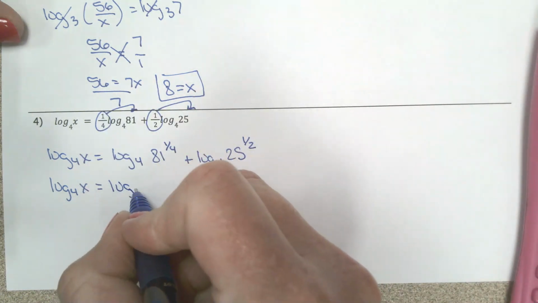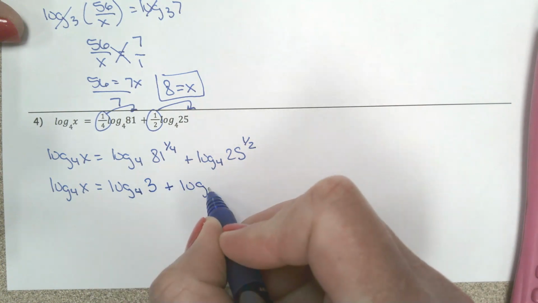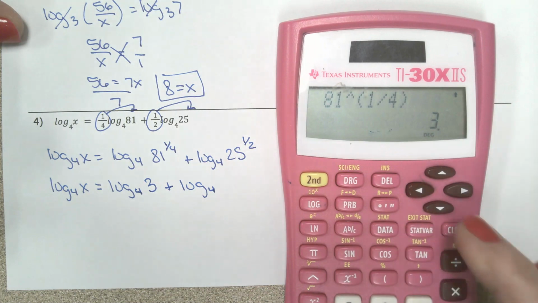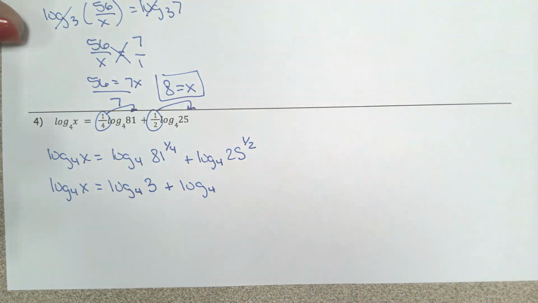So I have log base 4 of 3 plus log base 4 of 25 to the 1/2. So 25 raised to the power of 1/2, that would be 1 divided by 2, and that is 5. Log base 4 of 5.